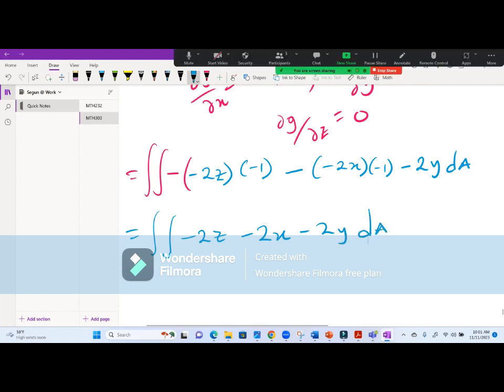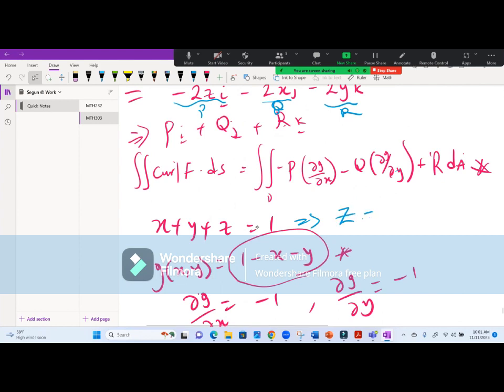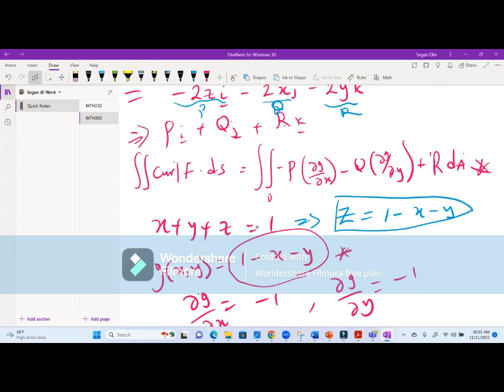So we can now go ahead and substitute this back into our z. Remember from here, we said z equals to 1 minus x minus y. But the z is equal to 0 from this function.